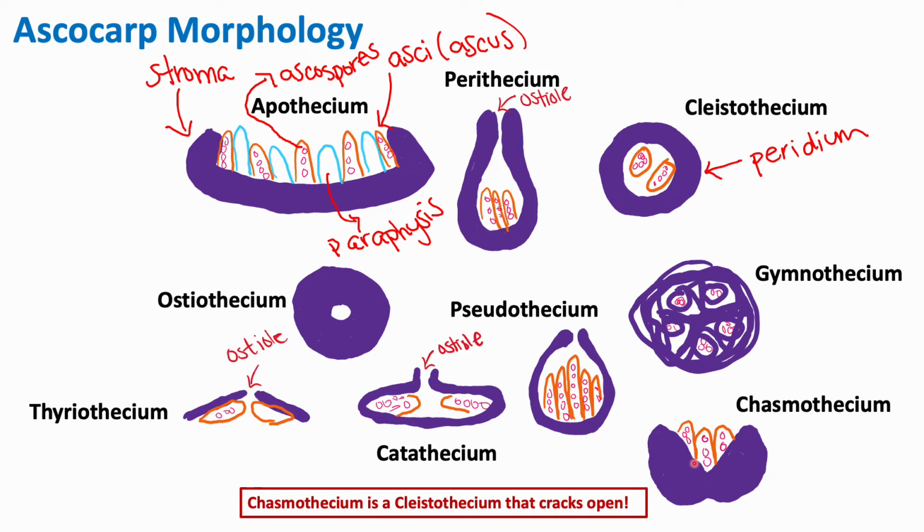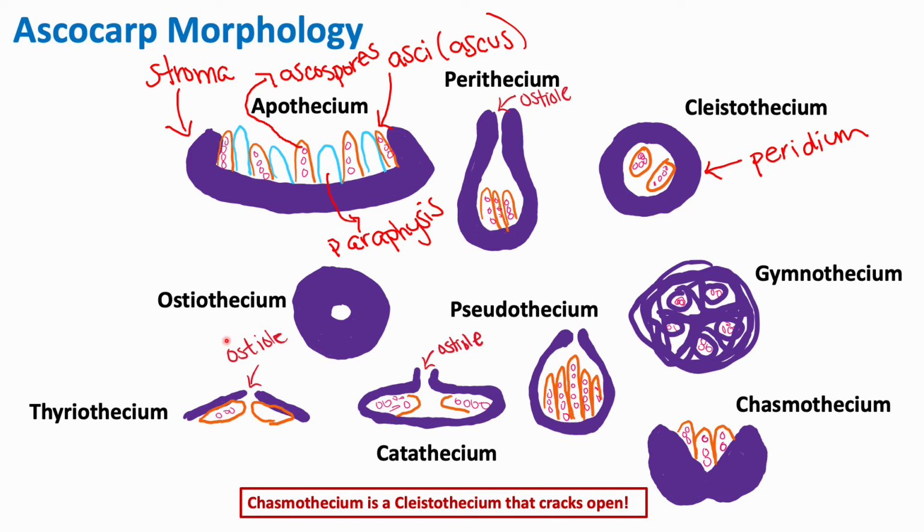And what's interesting is that a chasmothecium can actually be an apothecium that cracks open. So moving on, we also have a pseudothecium. A pseudothecium actually looks quite similar to a perithecium, but we can see the distinct difference in that a perithecium is relatively similar to a flask shape, whereas a pseudothecium has more of a circular shape, and it still has the ascus and the ascospores.